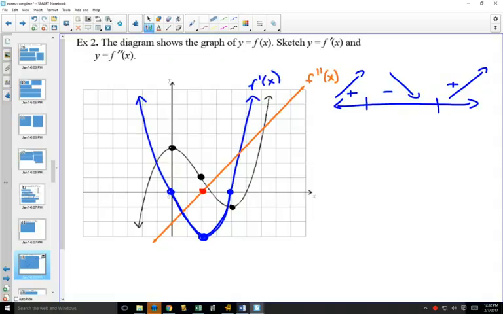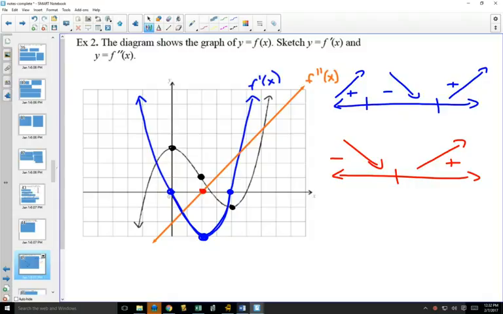So if you're looking at your sign diagrams for your red graph, you could use the minimum point as a key thing there and say that that's where it's equal to 0, and my parabola is going down before and up after, so that would cause my second derivative to go from negative to positive.